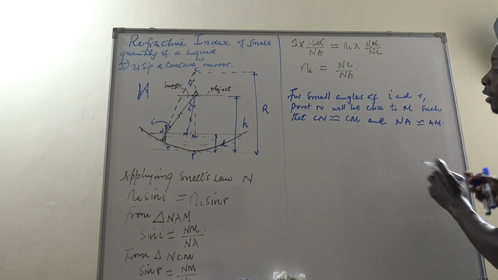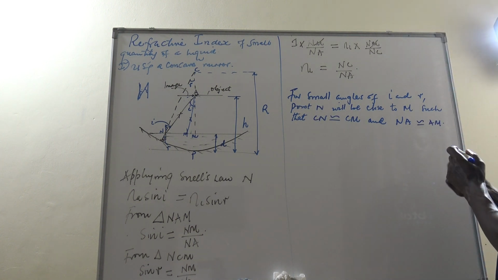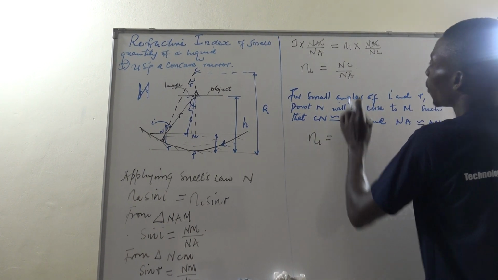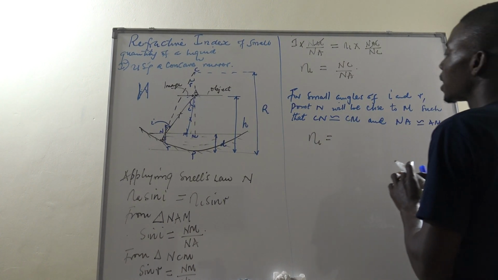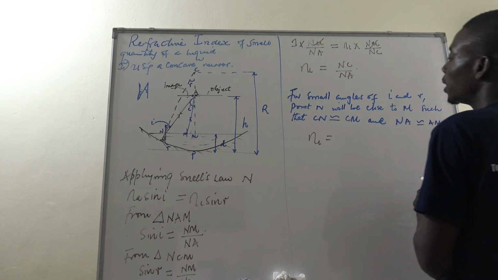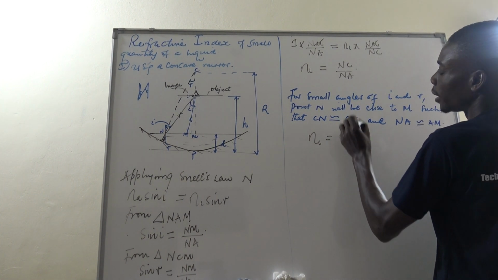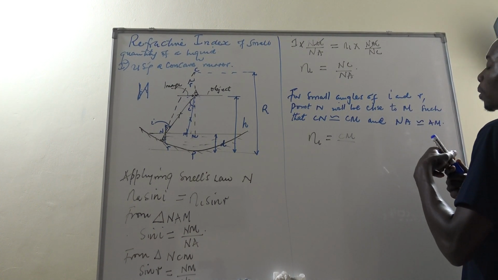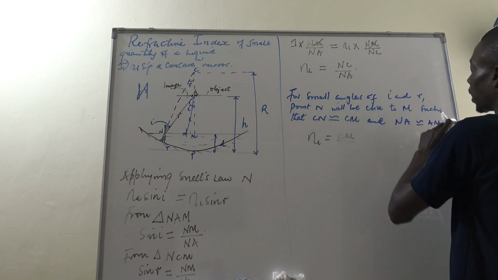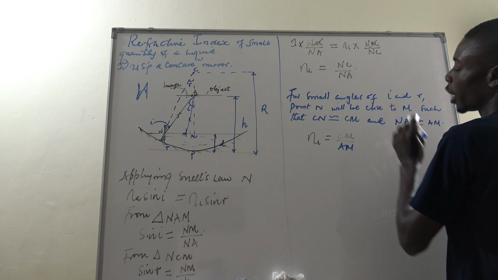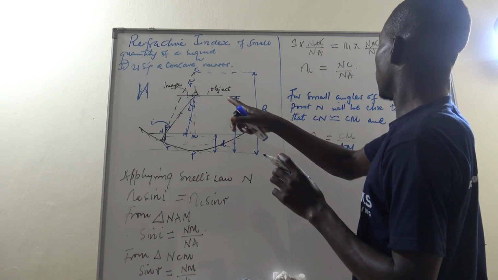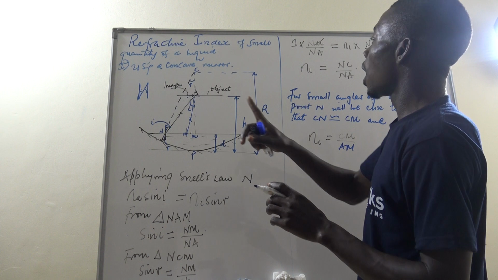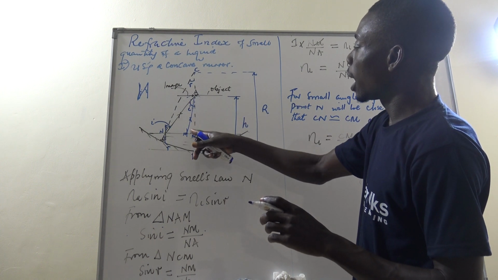So if that is very true, we are now going to say that my NL is now NC. But we say NC, or what we call CN, is the same as CM divided by NA, but NA is the same as AM. So it is CM over AM.